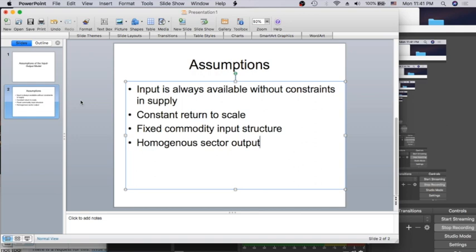For example, if an auto industry in a region produces more than one model of cars, meaning different commodities, then in the input-output table recorded industry by commodities, the relative portion of commodities, let's say small cars, mid-sized cars, large cars, etc., will not be assumed to change even when, let's say, gasoline prices increase later.